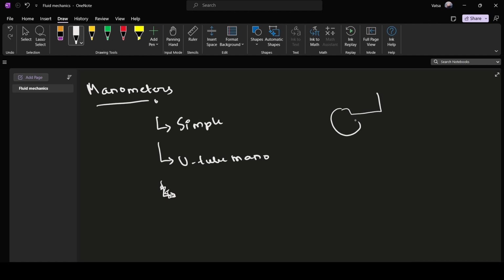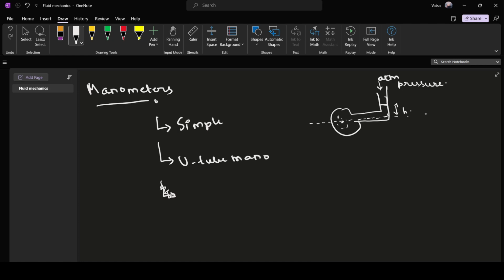Let's assume there is some liquid here, which has risen up to this level, and here there is atmospheric pressure. So we have the height of rise. Let this be the point of our axis.